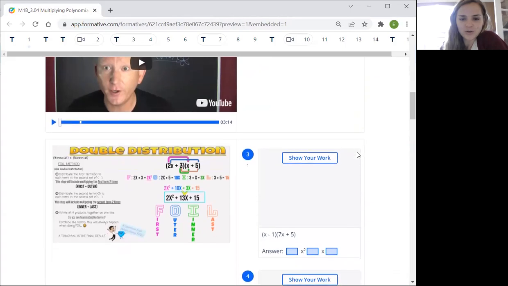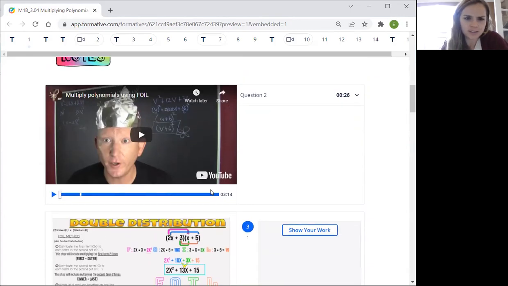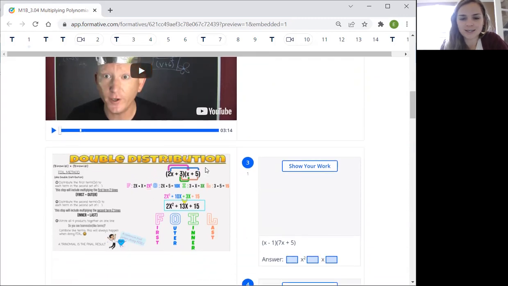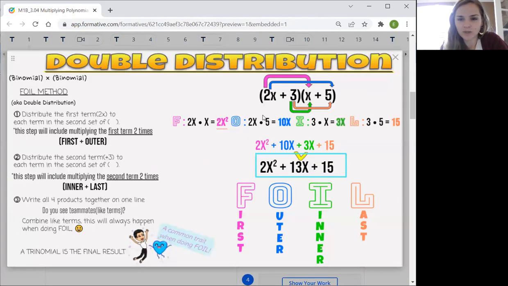So today we are going to look at multiplying binomials, okay? So you can use all of these. There are two different methods. There is FOIL, which means first, outside, inside, last. That's how I learned this. Or you can think of it as double distribution, which I think is a little bit easier.